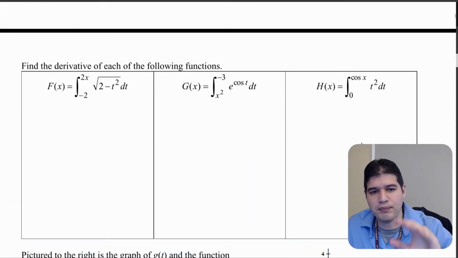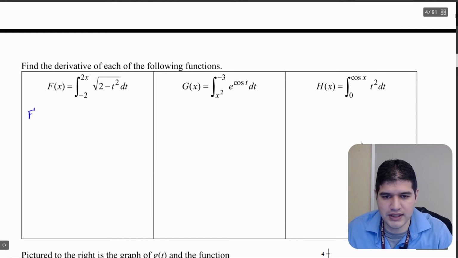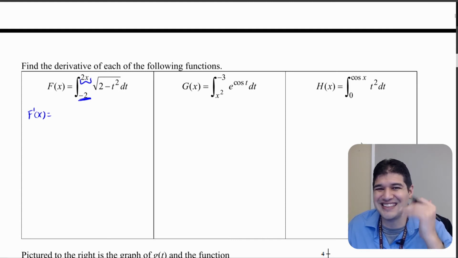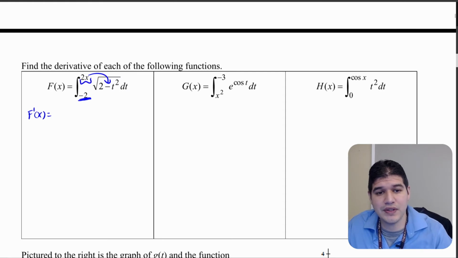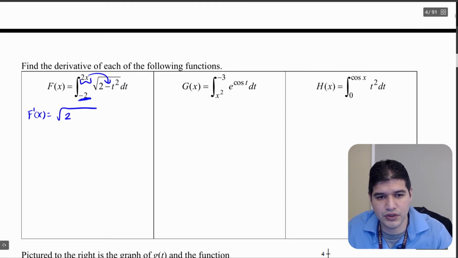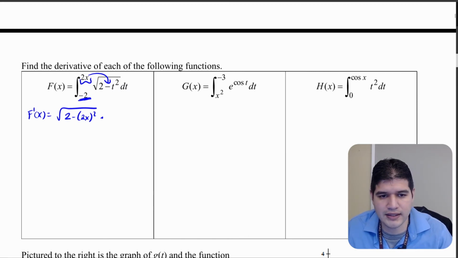In this first example, let's go ahead and do this because it's a new problem. We're going to find the derivative. I'm going to substitute in, and it doesn't matter what the lower bound is, as long as it's a constant. We substitute the 2x into that t squared. That's going to be the square root of 2 minus 2x squared, times the derivative of that upper bound, which is the derivative of 2x, which is 2.